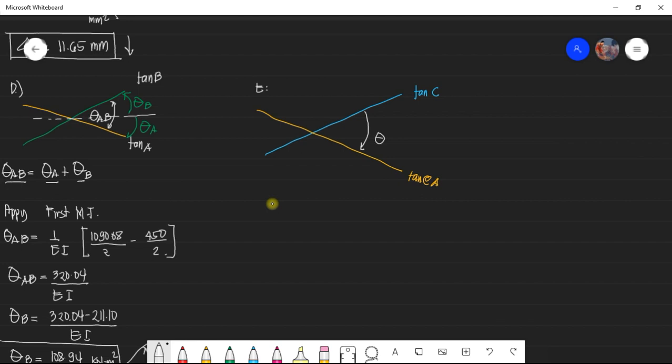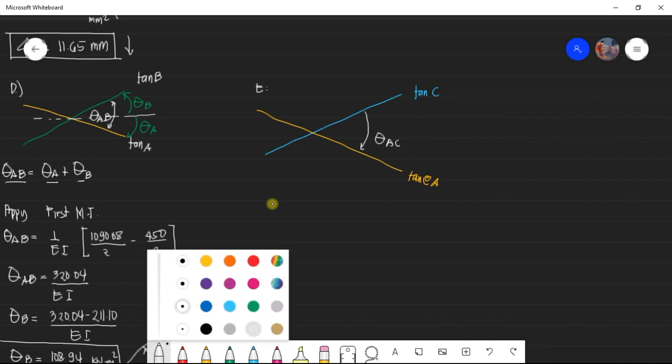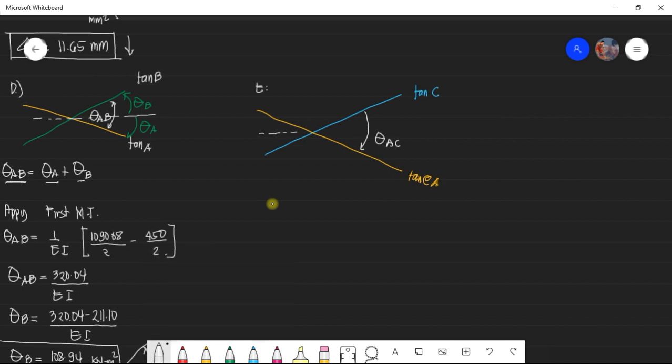Between A and C, this is our horizontal line for reference.